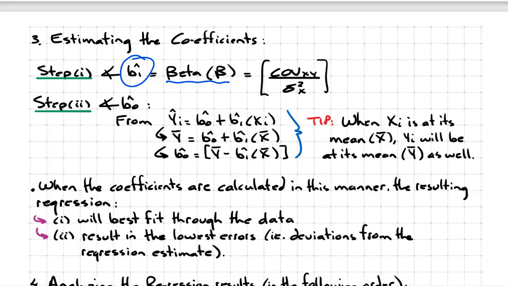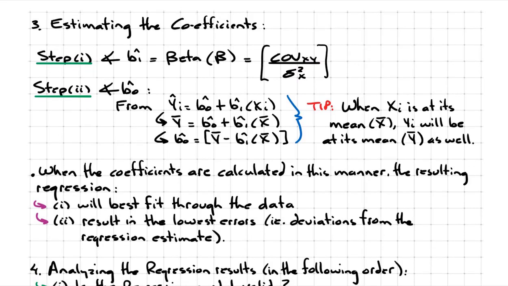And again, what this is doing, you could see it's trying to capture the sensitivity between x and y, but it's scaling it. It's saying, what is that co-movement relative to the total variance of x? Now, once you find B1, then you can find B0. And I'm going to show you the ground-up approach.